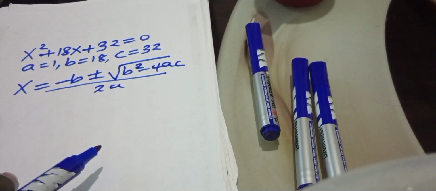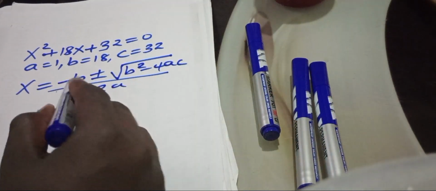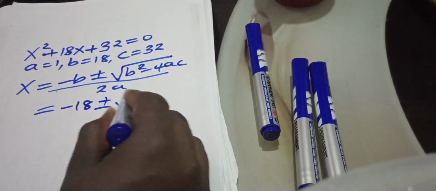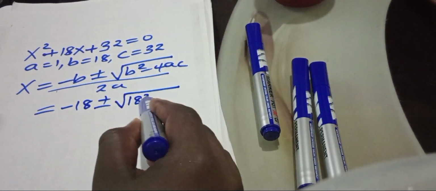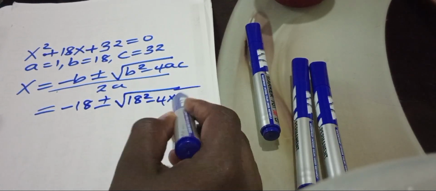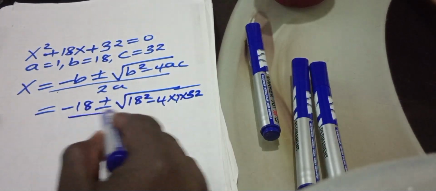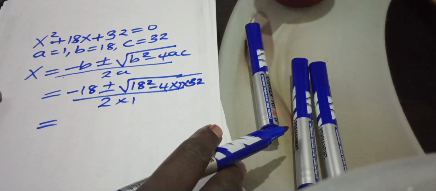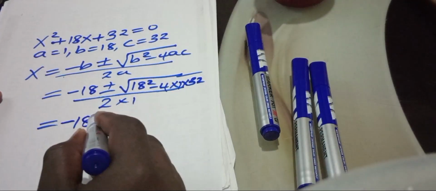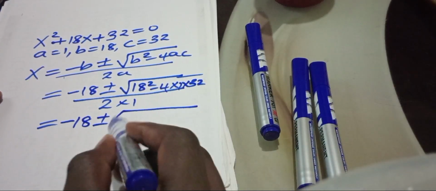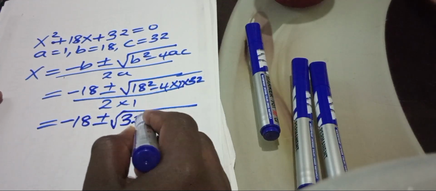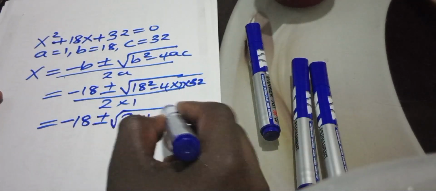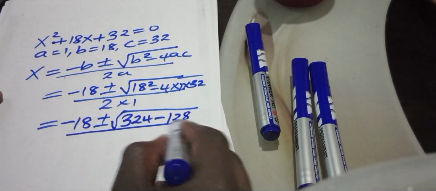Substituting a, b, and c, we have negative 18 plus or minus the square root of 18 squared, subtract 4 times 1 times 32, divided by 2 times 1. This is negative 18 plus or minus the square root of 18 squared, which is 324, subtract 4 times 32, which is 128, divided by 2.